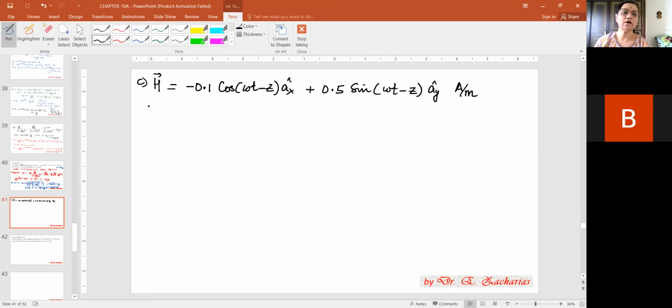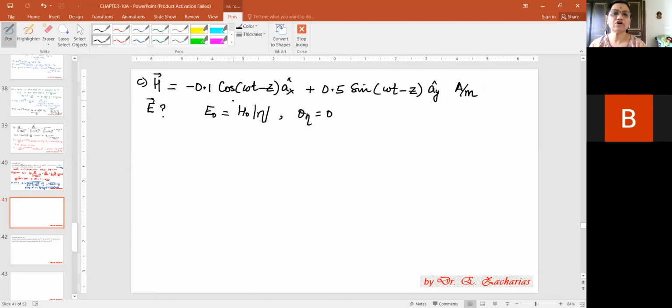Now I need my electric field. The first thing I have to use is E naught equal to H naught into modulus eta. Is that right? H naught is equal to E naught by modulus eta, therefore here it will become H naught into modulus eta. So that's the first thing, and then theta eta is 0.